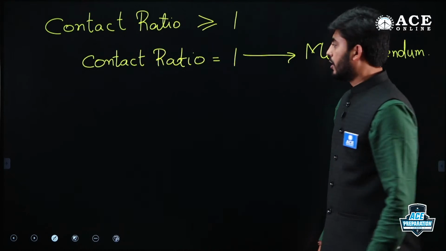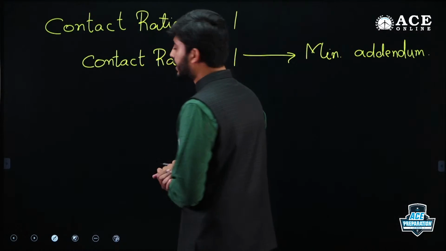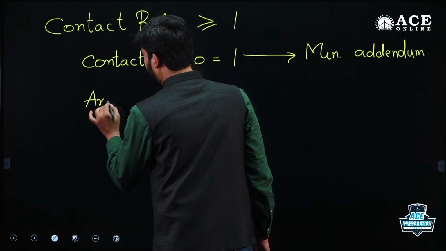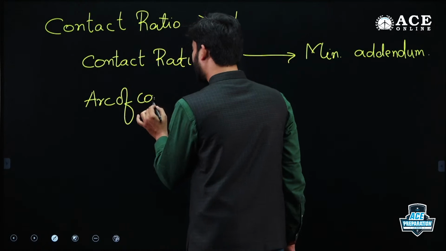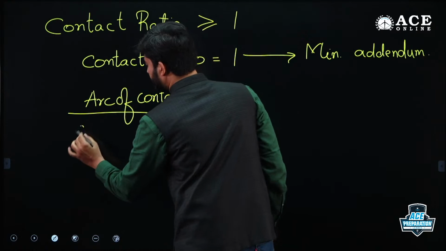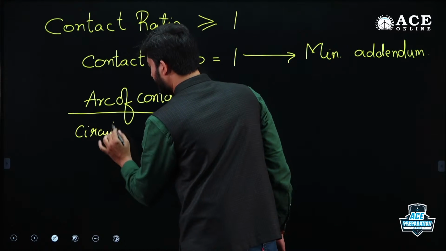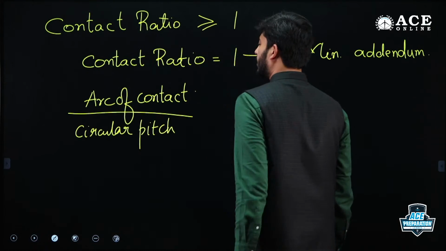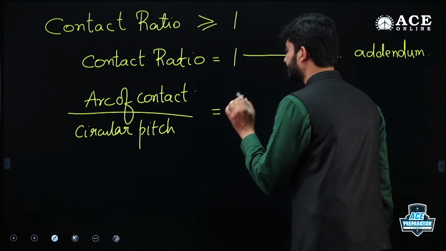Okay. So you know very well the formula for contact ratio. Contact ratio is given by arc of contact by circular pitch. This is equal to 1.